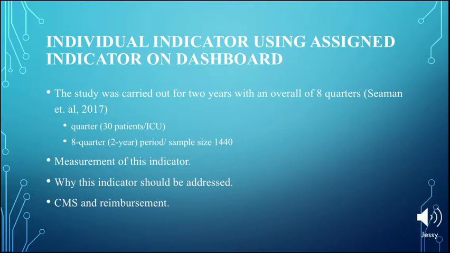The study was carried out for 2 years with an overall of eight quarters. A quarter is 30 patients in ICU. 8 quarters in a 2 year period. Sample size is 1,440.